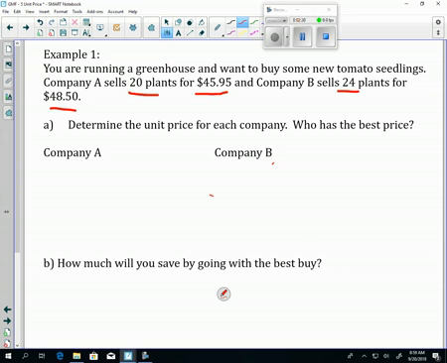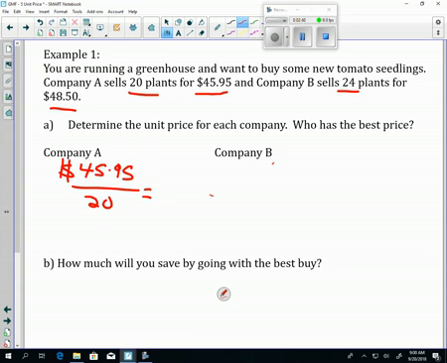So what you do, we'll take company A, you always put the money at the top, $45.95. And then how much is that price for? It's for 20 plants. So it's just a simple matter of division.